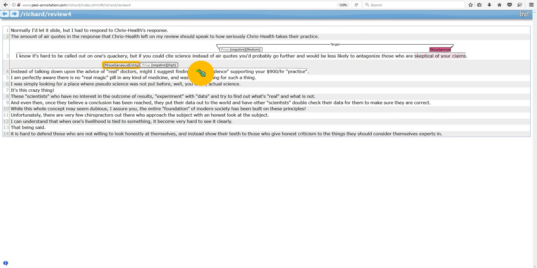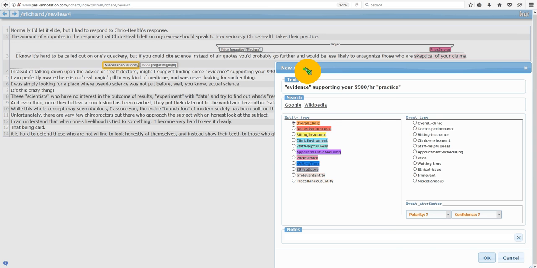And "some evidence supporting $900." I select the whole phrase because it's hard to break it. At least, that's what I'm reading. And this could be a price issue.